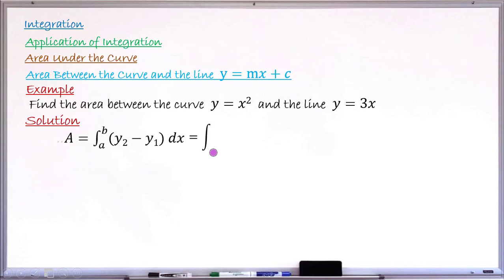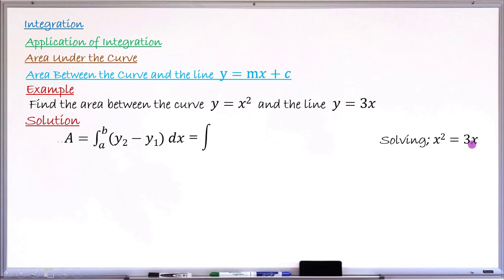So to find the points of intersection, I'm going to take my curve, equate it with the straight line, and solve that equation. So solving x squared, that is my curve, equals 3x, that is my straight line equation, where the two cross each other, this always holds. That is, the value of y at those points will be the same.